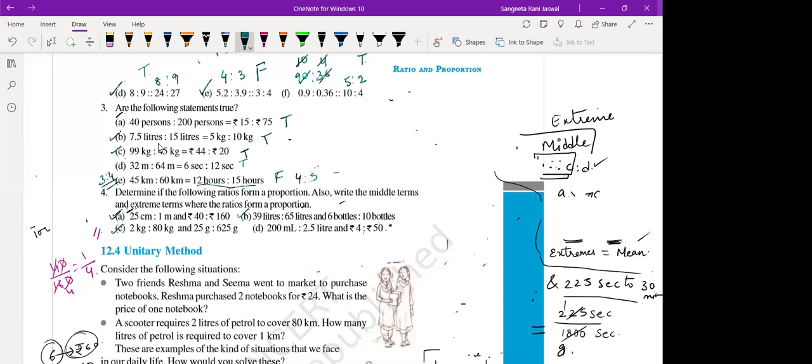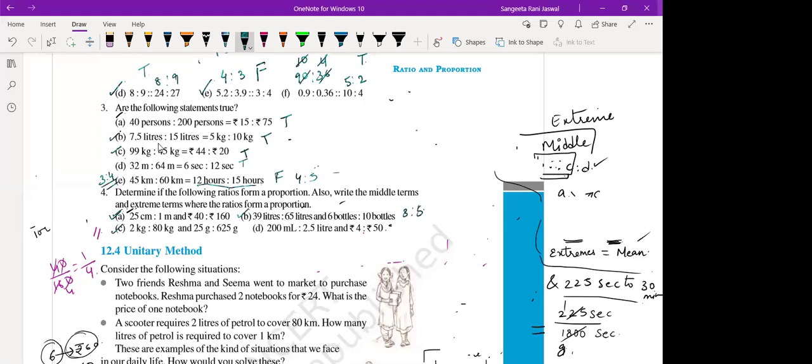Ma'am, B bit is in proportion, ma'am. It's in proportion. Okay. Okay, beta, tell me the middle terms and the extreme terms. Yes, tell me. 3:5.